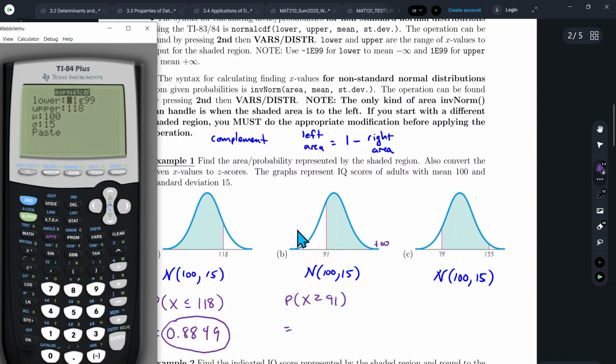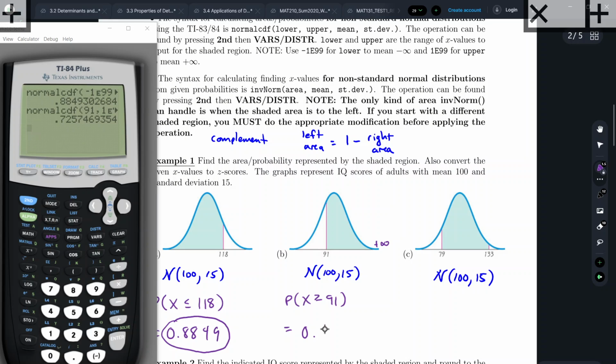But I have to be careful now. The lower bound is 91. The upper bound is positive infinity. So in the calculator, I enter 1E99. Mean and standard deviation is still the same. And so I calculate, I get 0.7257.